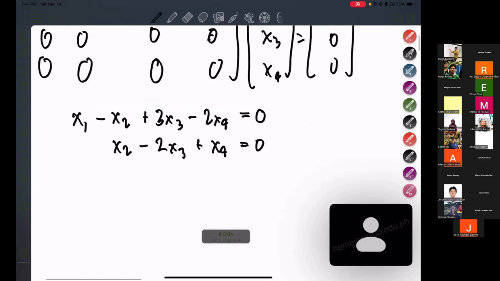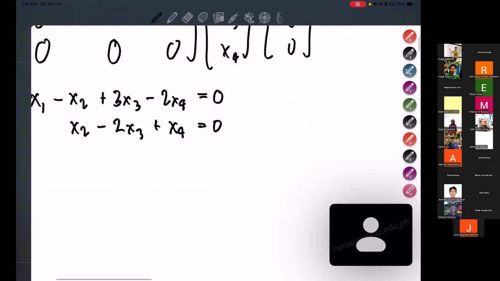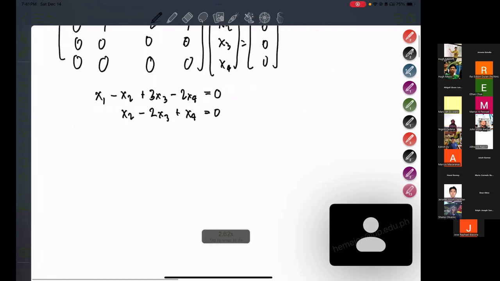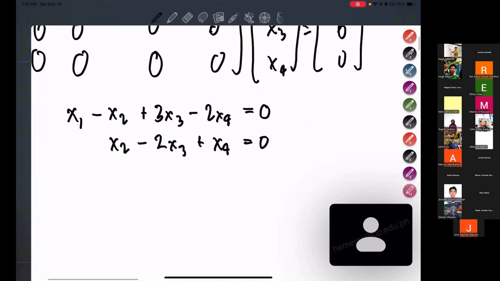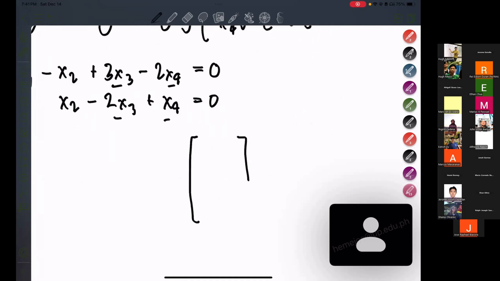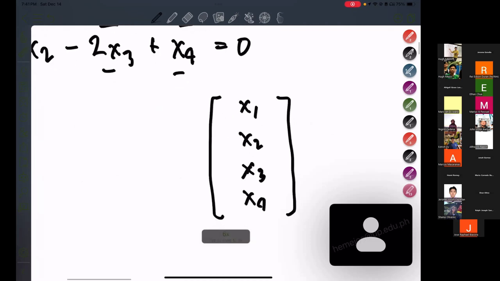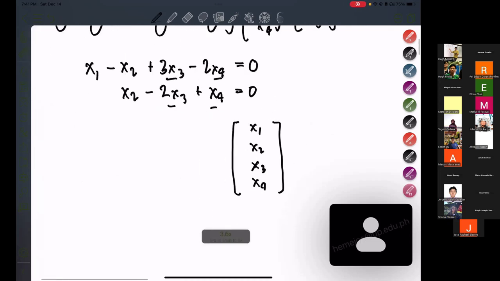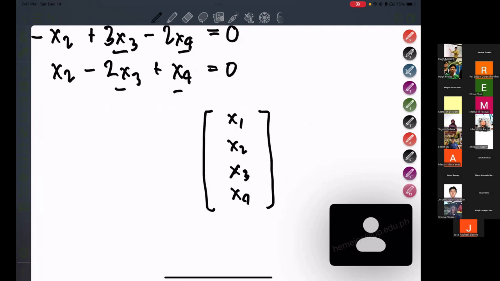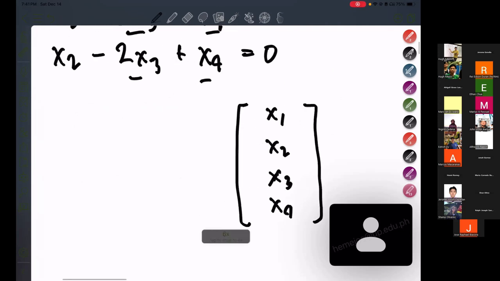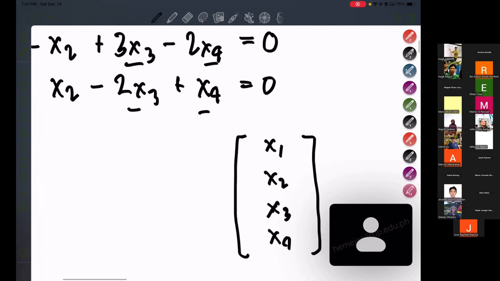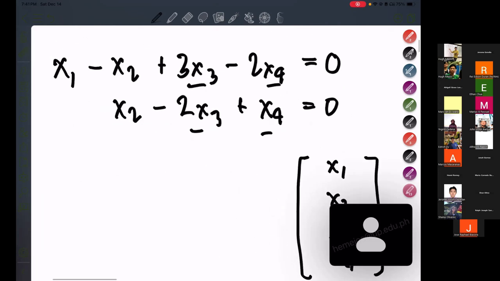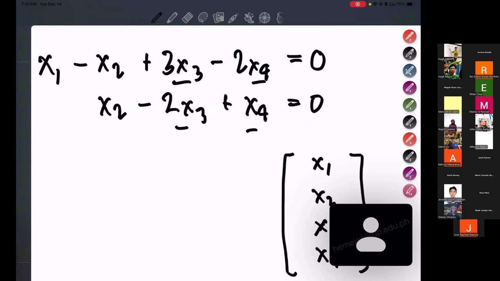Now, since we have x3 and x4 here, the final answer is basically gonna look like this. This is our half-done null space, but we're trying to find out what those values are. We want it in terms of maximum two variables. Since we have x3 and x4 here, we can let that be. Let's define x1 and x2 in terms of other variables.